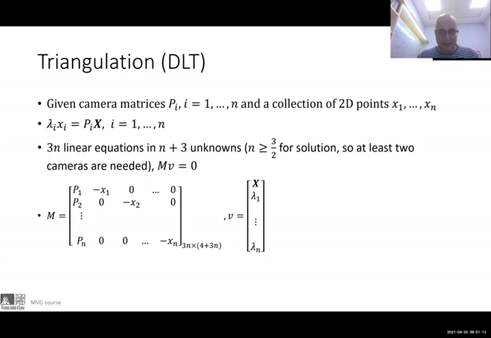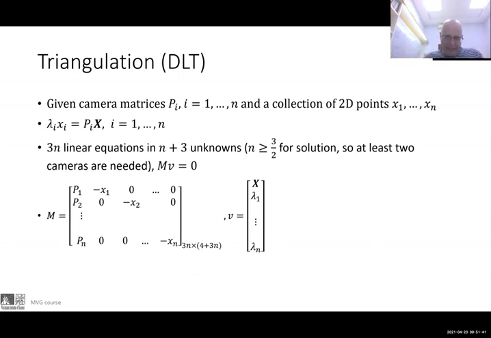Right. So why is that? Now I need to think. So the camera is of size 4, and X is X, Y, Z, and 1. But we don't use 1 here. We use a scale factor. So X is up to scale. So that's 4.